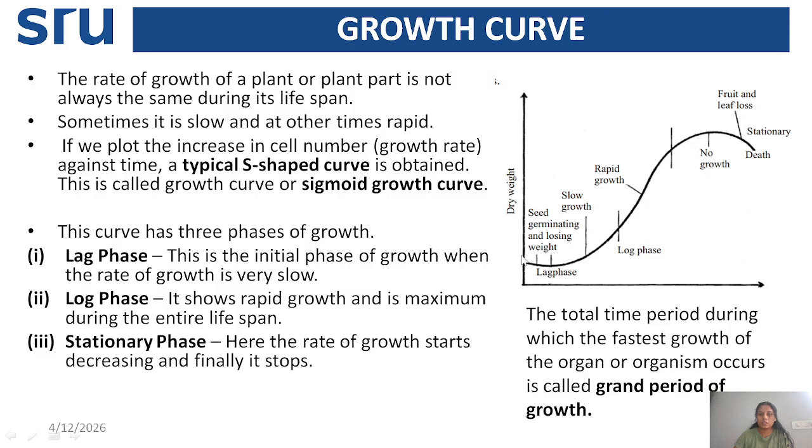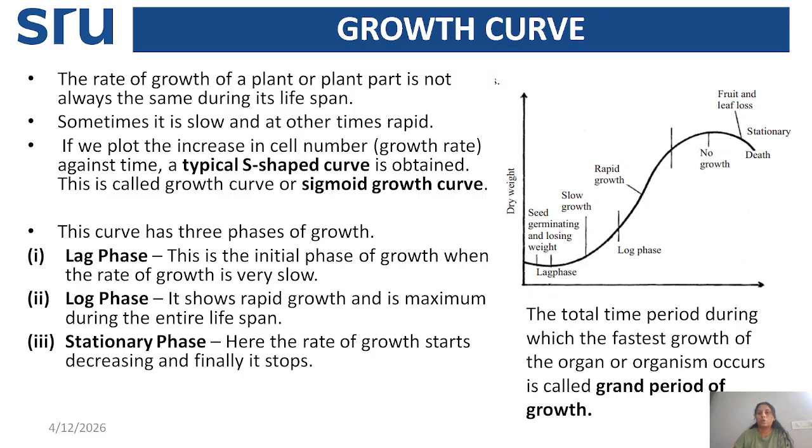Lag phase is the initial stage. During germination or the initial seedling stage, the growth of the plant is very slow. That we call the lag phase. Log phase, or exponential phase, means that after certain stages, the growth of the plant suddenly rises very high. For example, germination takes 6 to 7 days depending on the crop species.